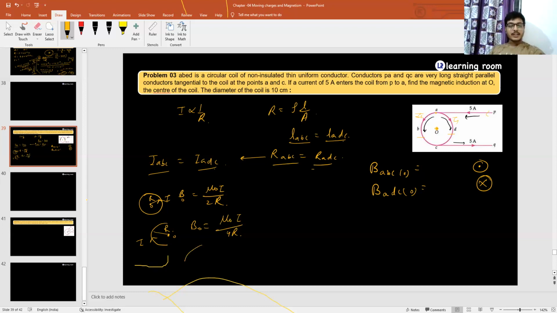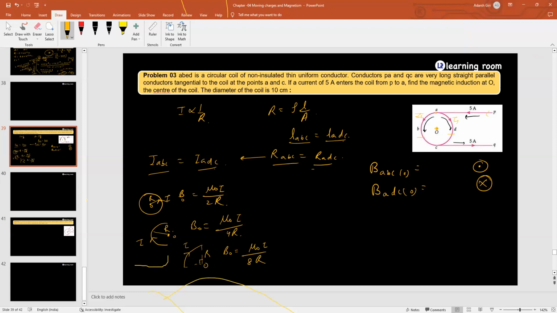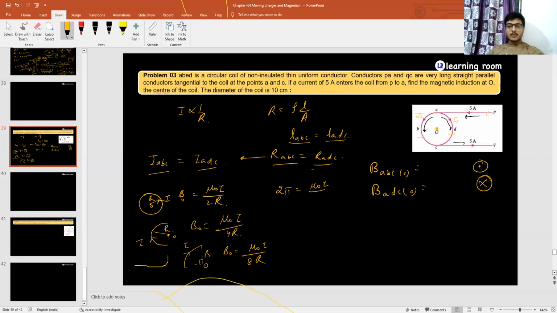In the same way, if I take this as a quarter of a circle, radius r, current I, the magnetic field at this point will be mu naught I upon half of the semicircle, that is 8r. So for 2 pi angle, my magnetic field is mu naught I upon 2r.